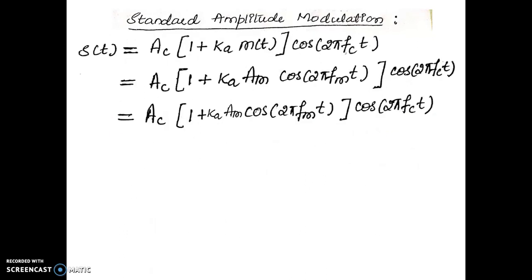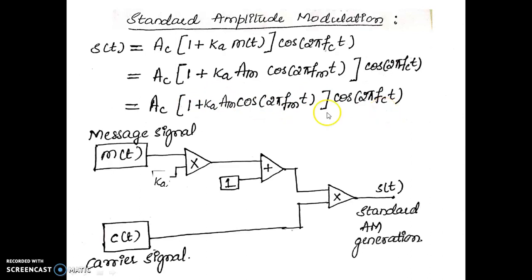So this is again the same S(t) signal, which is realized using one adder, and there is a multiplier which is supposed to multiply Ka into message signal, and the addition of these two is again multiplied with this. So that's what is realized here.